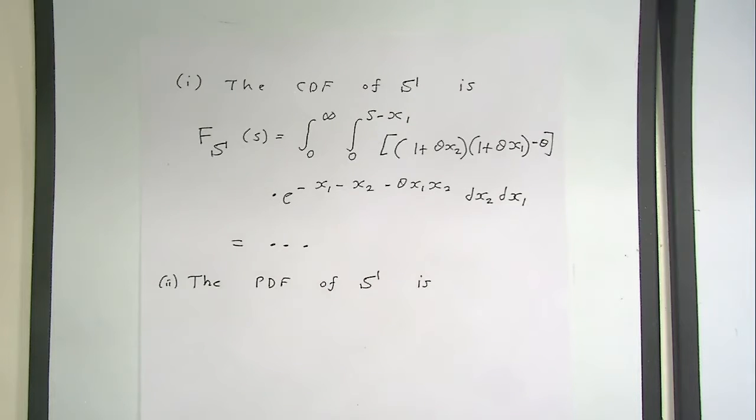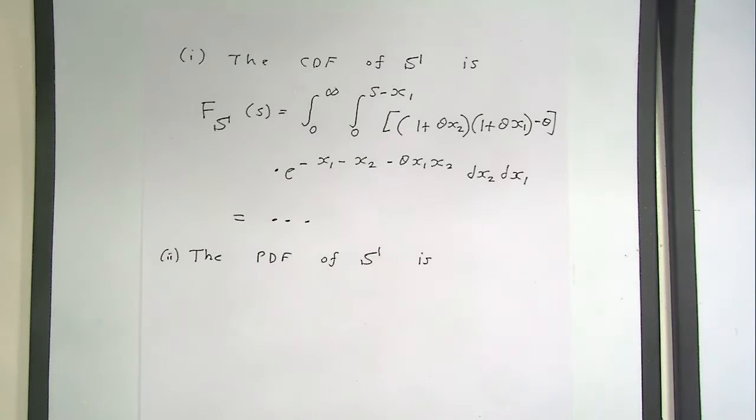To find the PDF of S, all you have to do is replace x2 wherever there is an x2 by s minus x1.